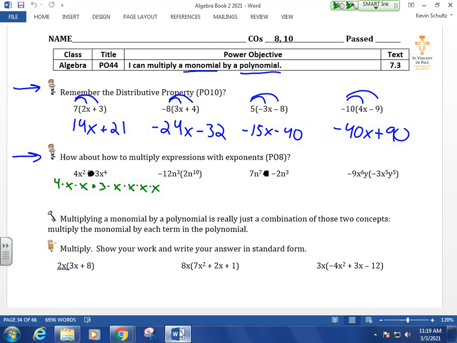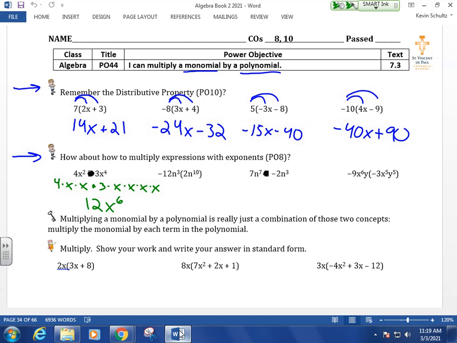What we're going to do here is multiply our coefficients. 4 times 3 is what? 12. And then how many x's do I have total that are being multiplied together? 6. What's a shorter way to write 6 x's all being multiplied together? X to the 6th power, which would be our final expression.